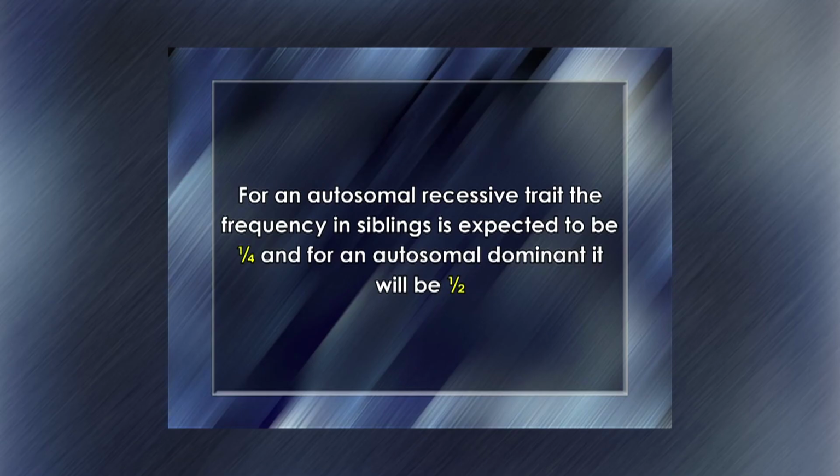This can be easily measured by looking at the frequency of the trait among siblings as compared with the general population, in which case the variable is lambda s. For an autosomal recessive trait, the frequency in siblings is expected to be 1/4, and for an autosomal dominant it will be 1/2. The value of lambda s will depend on the population frequency of the disorder.